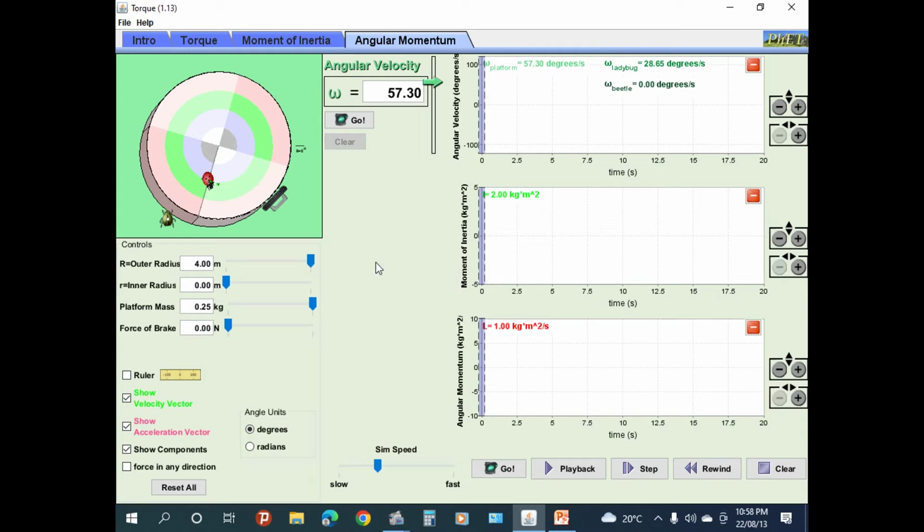So the moment of inertia is 1/2 times m times r square. Here r square means 4 square, that is 16. 16 times 0.25 is 4, and 4 over 2 is 2. Therefore the moment of inertia is 2.